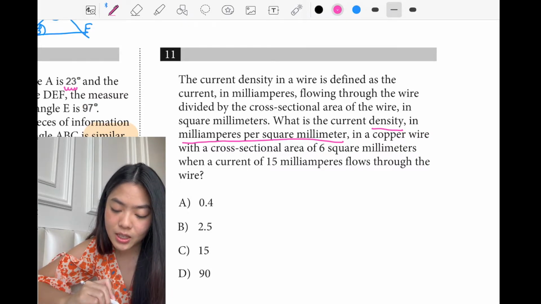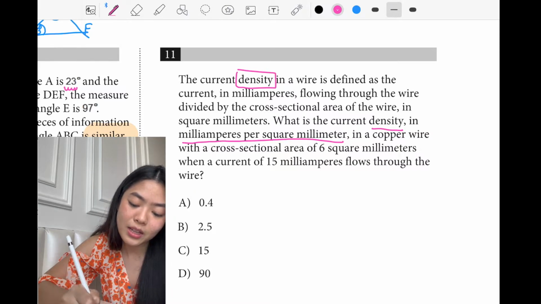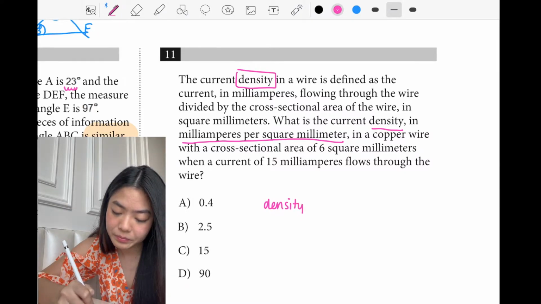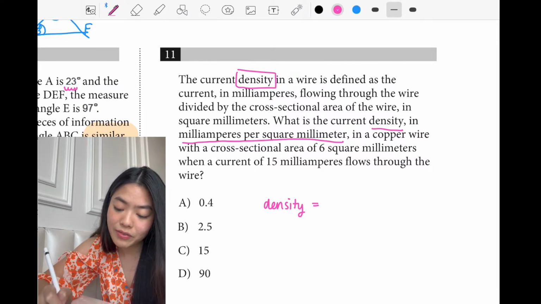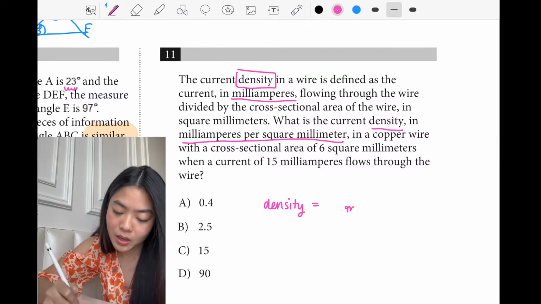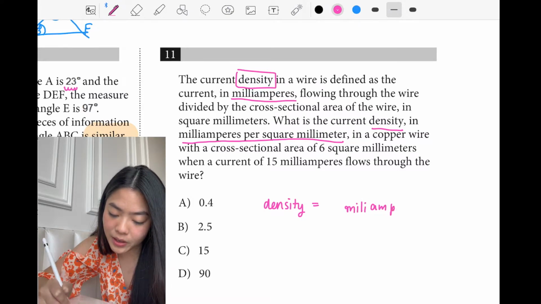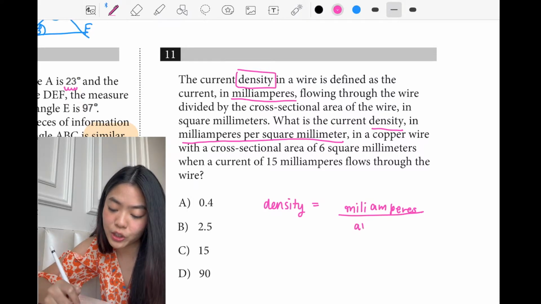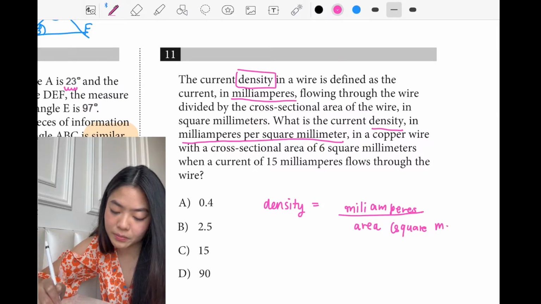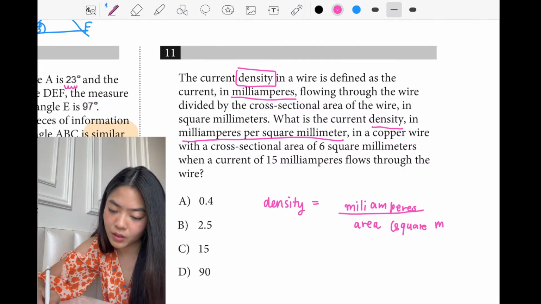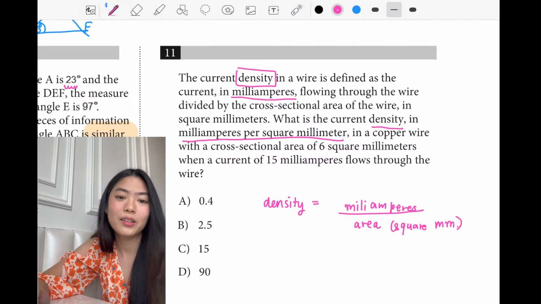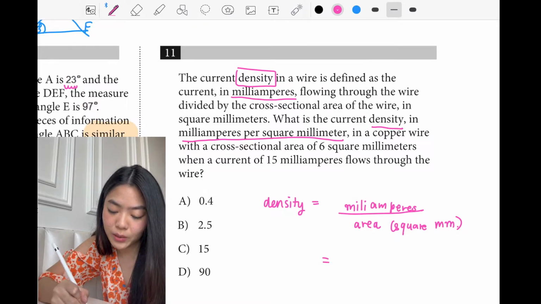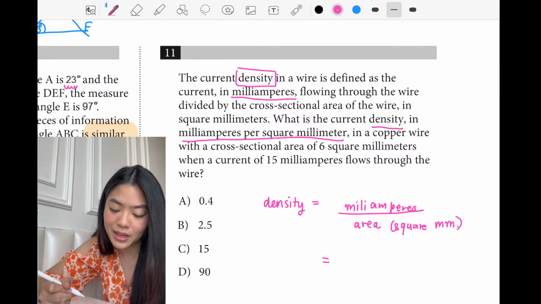Okay, so from here it's given that the density you can find as the milliamperes flowing through the wire divided by the cross-sectional area in square millimeters. Okay, so from here we want to find the density.